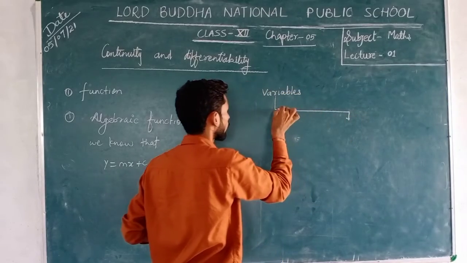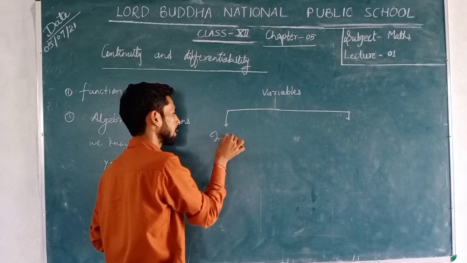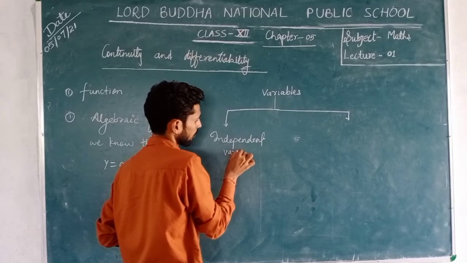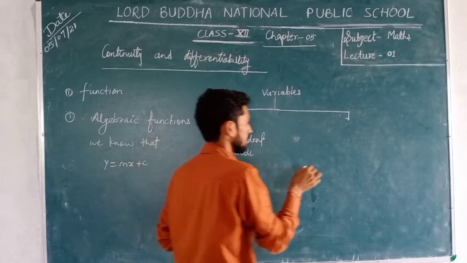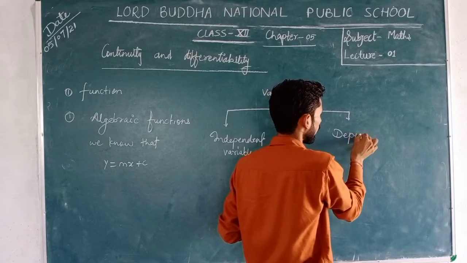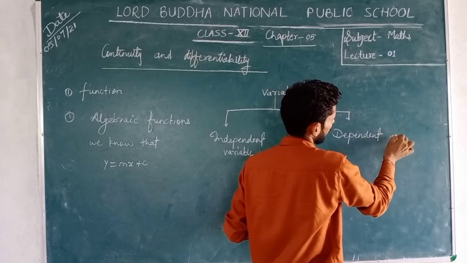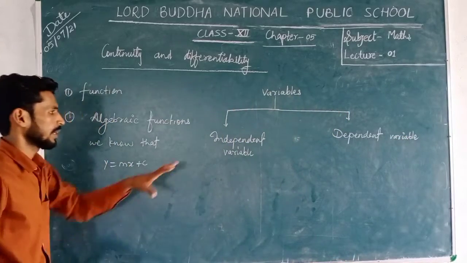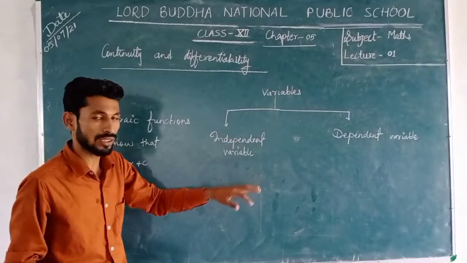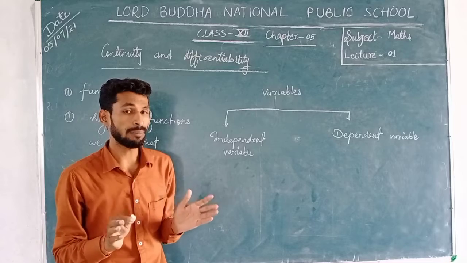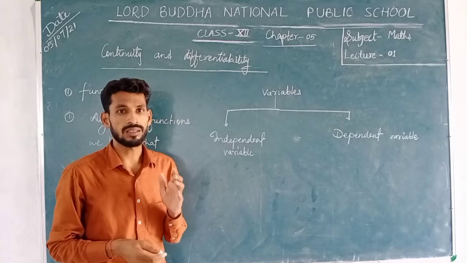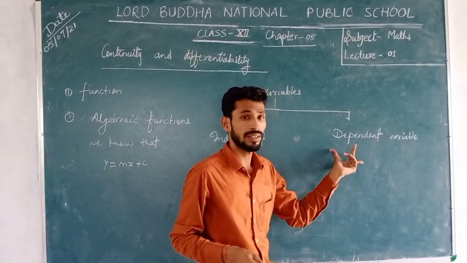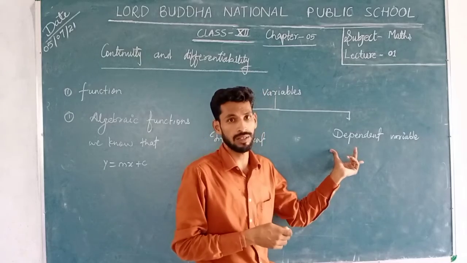Variables are of two types. First is independent variables, and second is dependent variable. Now independent variables are those variables that are not dependent on any other mathematical identity, but dependent variables depend on some other variable.